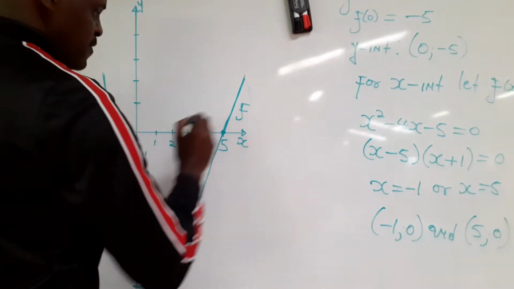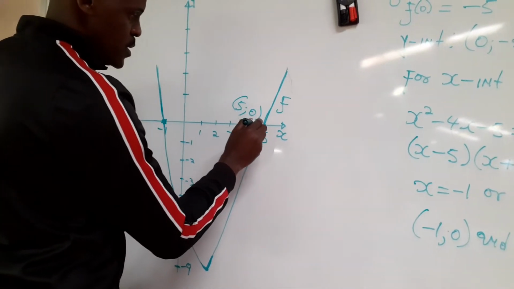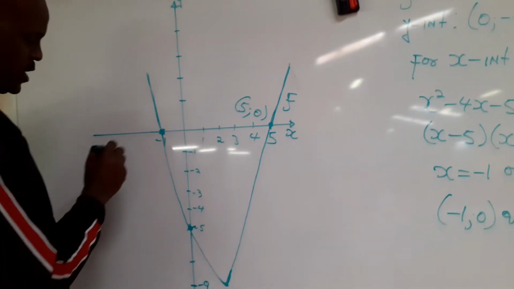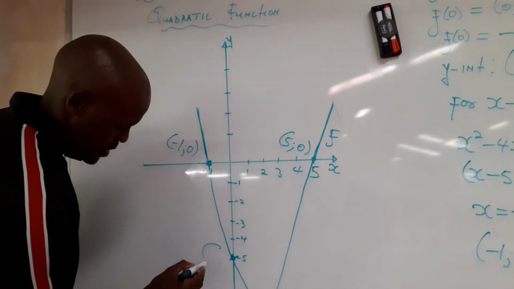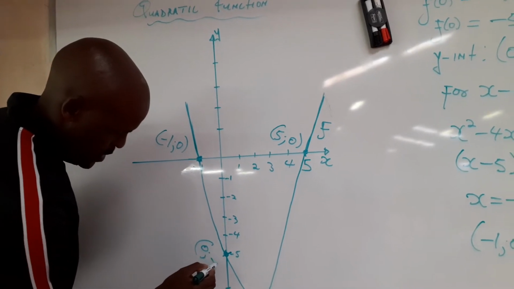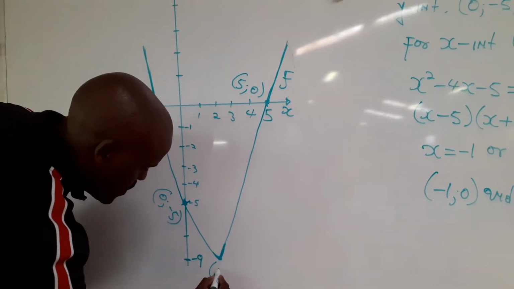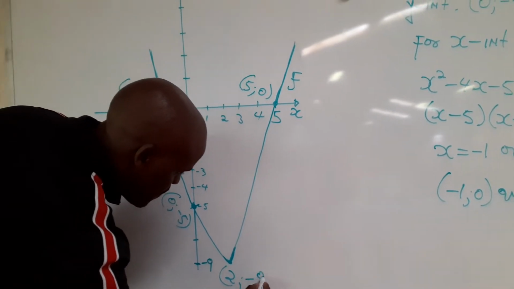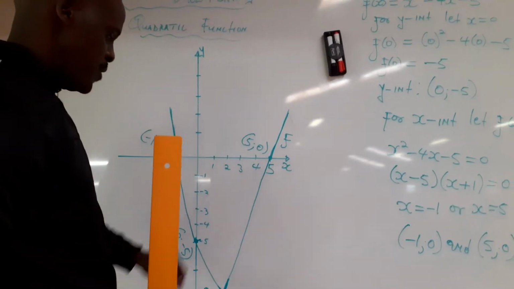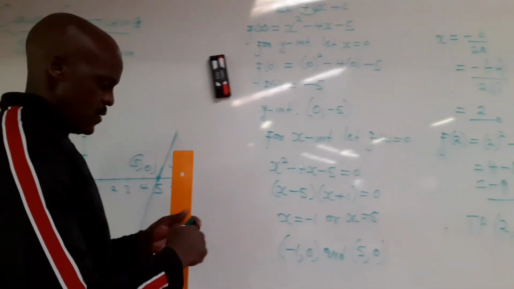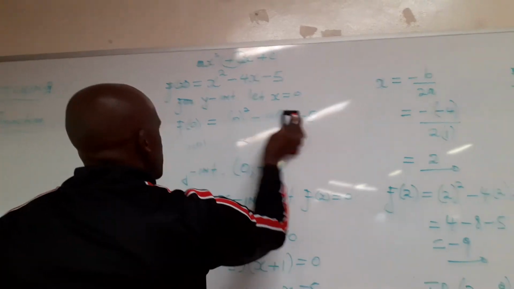Right, this is the function of f. Coordinates of this point, 5 is to 0, and then for this point, it's -1 is to 0. Y-intercept, 0 is to -5. And then our stationary point will be 2 is to -9. So that's how our function will be looking like.